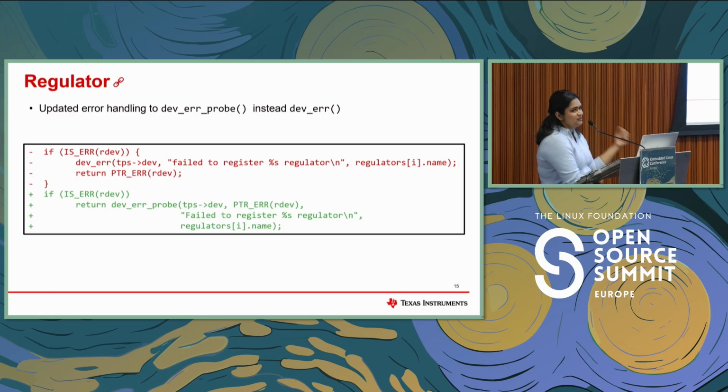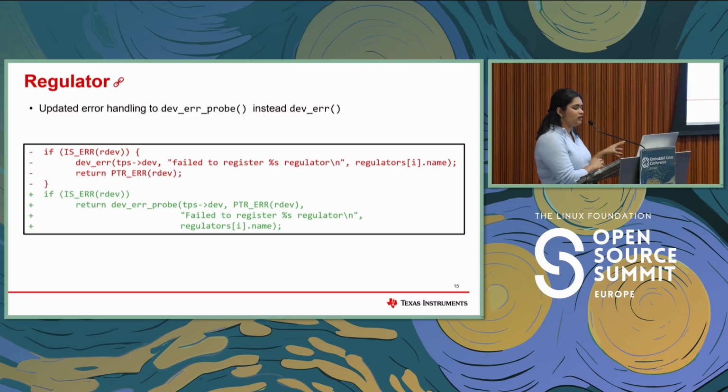For the regulator cleanup series, not only did I update the error handling to follow the more updated approach of using dev_err_probe, but I also renamed the driver to follow established PMIC driver naming conventions, where it should be TPS65xxx-regulator, but it was PMIC-TPS, which didn't really align with what else was out there for TI PMICs.